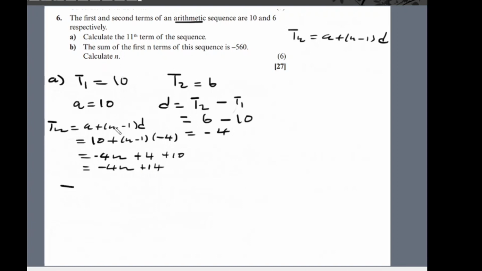To calculate the 11th term, T11 is minus 4, n which is 11 plus 14. So let's take our calculator, minus 4 times 11 plus 14 is minus 30, right? This is minus 30. So that is T11. Let's see, question B.